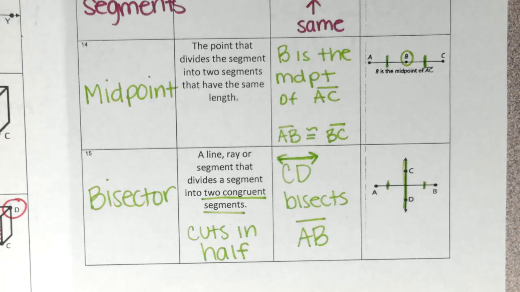Those are our 15 vocabulary words. You are going to now glue this onto page 4. Glue this onto page 4. Okay, your table of contents, this is going to be titled Geometry Vocab. Page 4.